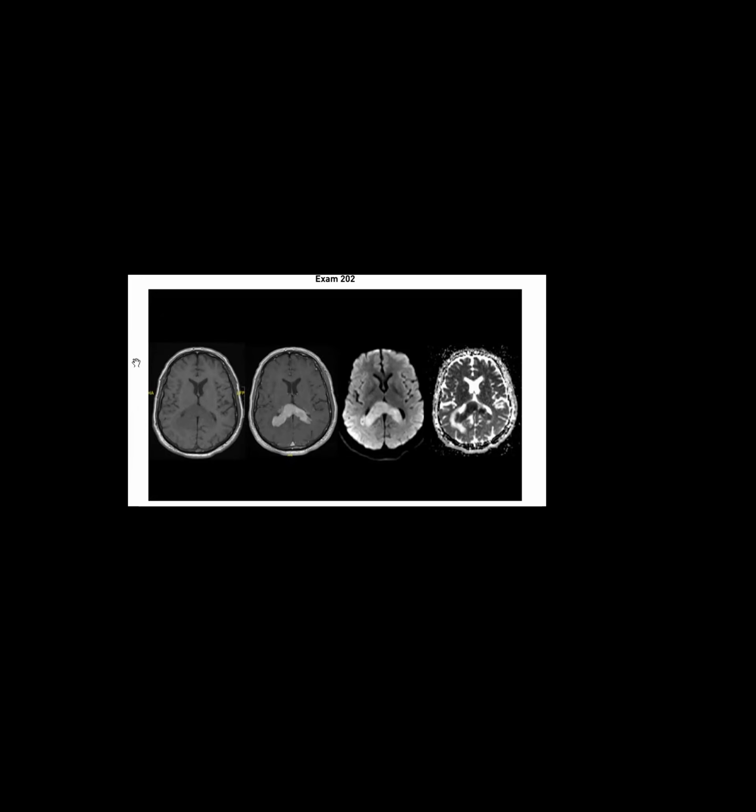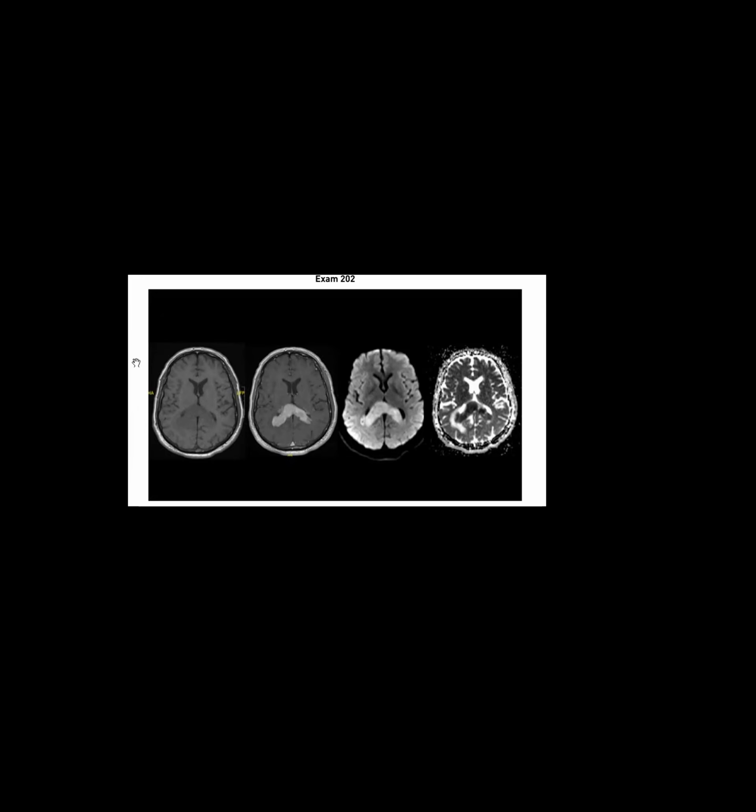Can you give me a narrow differential of a couple masses or mass-like lesions that can involve the corpus callosum? I don't know any specific mass that could affect the corpus callosum.